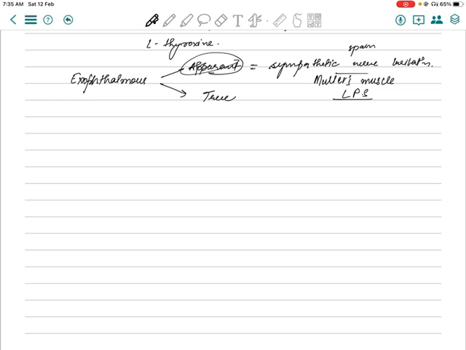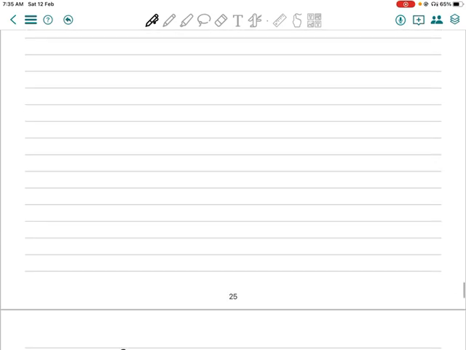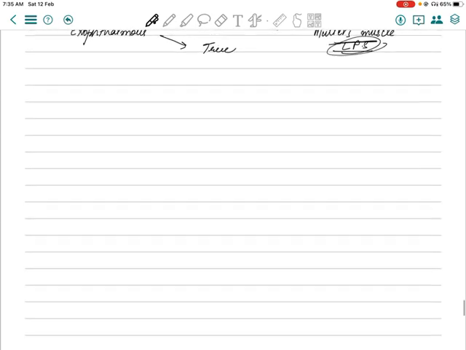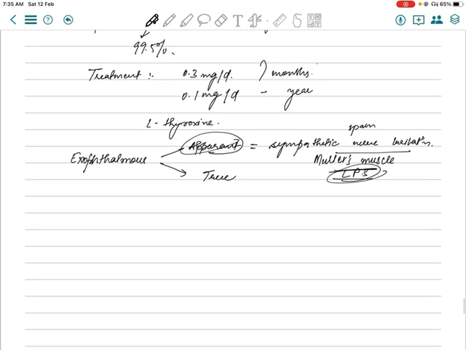Sympathetic overactivity in the Muller's muscle, which is LPS only. Lid lag. So it does look like exophthalmos, but it's not.